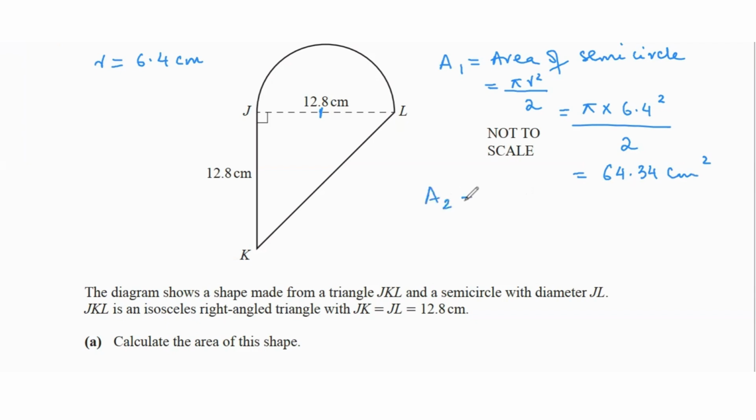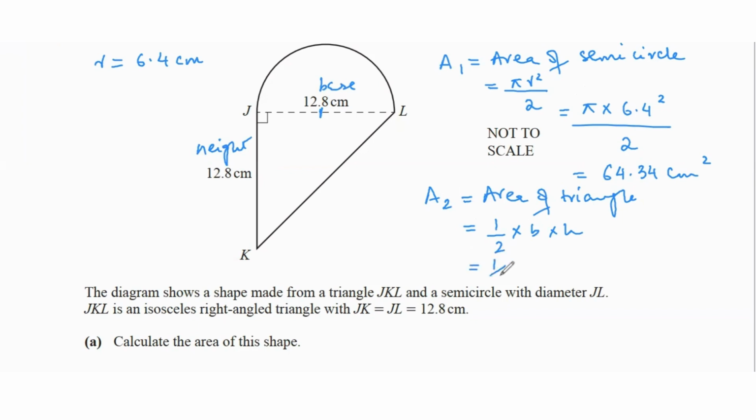Area 2 is going to be your area of triangle. To find the area of the triangle, the formula that we're going to use is 1 over 2 times base times height. JK is your height and JL is your base.